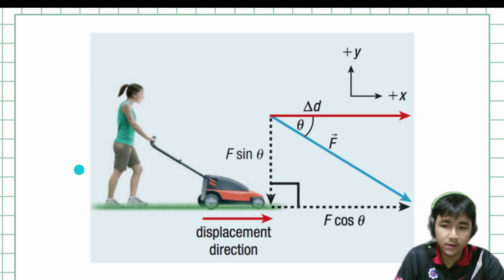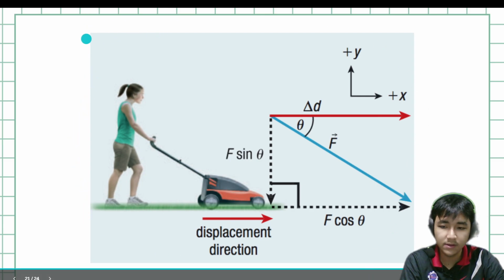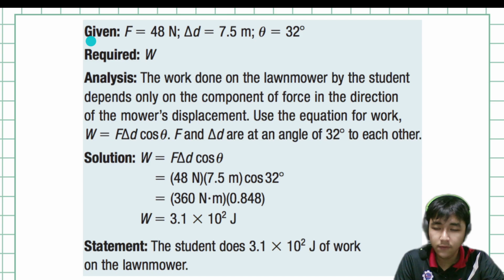So, this is the diagram for the question just now. The given information is force equals 48 Newton, distance equals 7.5 meter, and theta equals 32 degrees. The required is work.